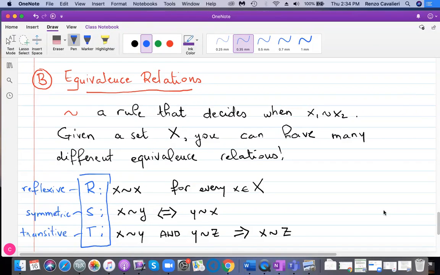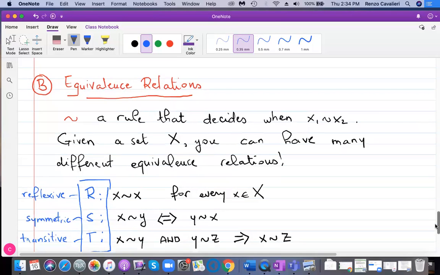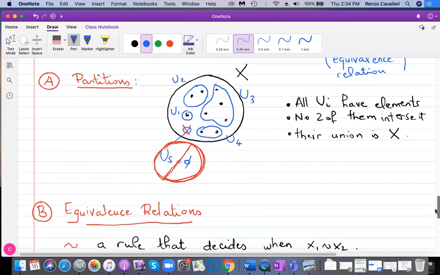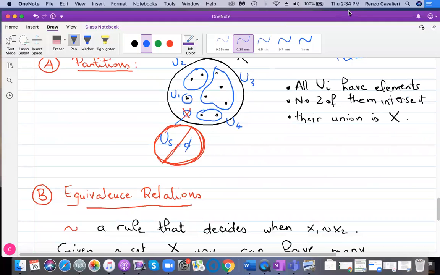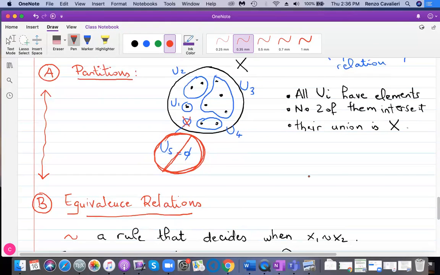Heidi, great. Okay, so in fact, why do we introduce partitions and equivalence relations together? Well, because in a sense, partitions and equivalence relations are very intimately related, right? In the sense that if you start from a partition, you can give an equivalence relation.